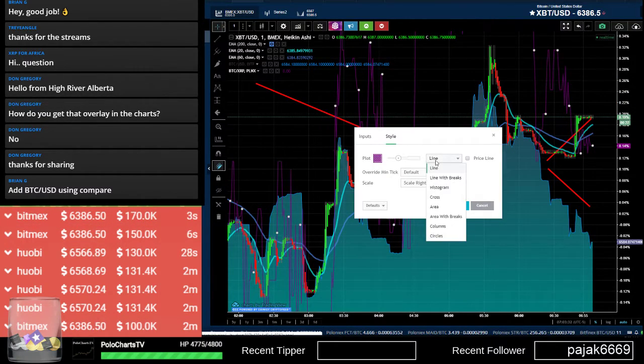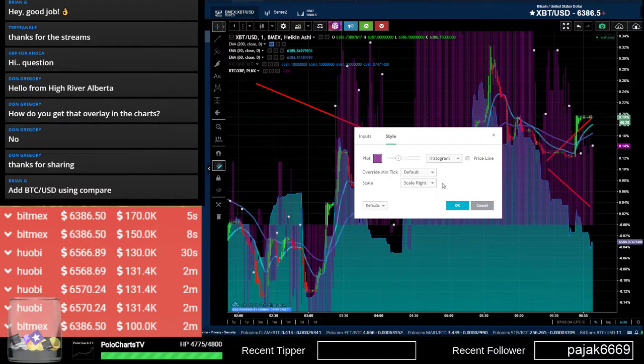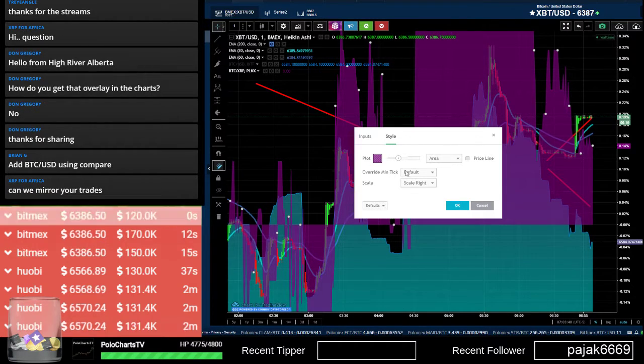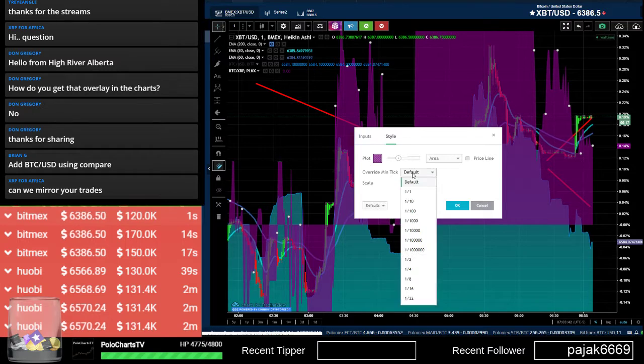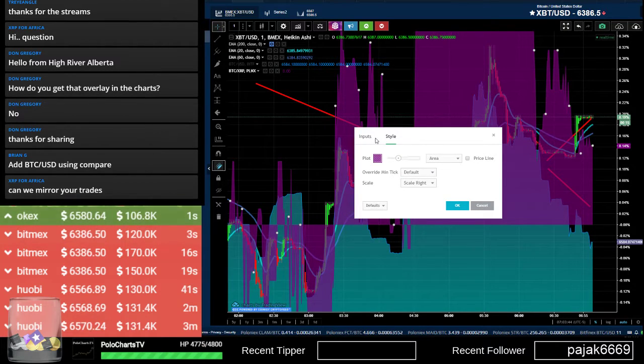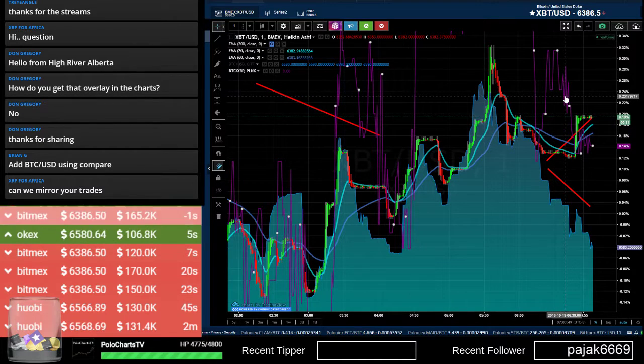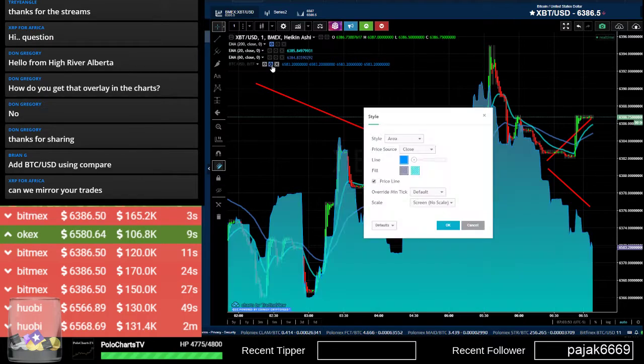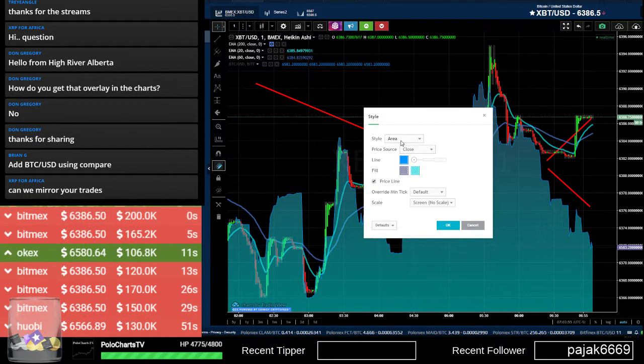I can change it from a line into a histogram or into an area chart. Minimum tick default. There's lots of different styles you can do here. Now to get rid of that, I close this off. You can see I've chosen an area chart.